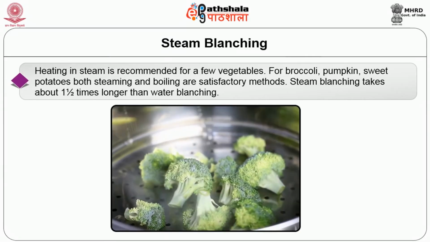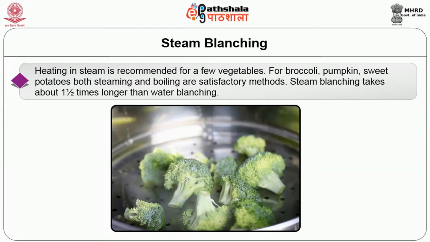Heating in steam is recommended for a few vegetables. For broccoli, pumpkin, sweet potatoes, both steaming and boiling are satisfactory methods. Steam blanching takes 1.5 times longer than water blanching. To steam, use a pot with a tight lid and a basket that holds the food at least 3 inches above the bottom of the pot.